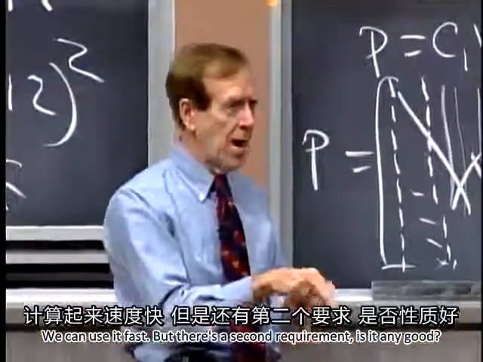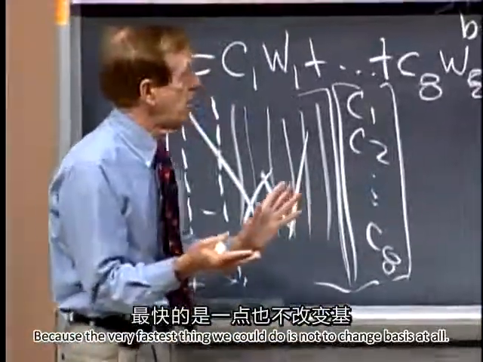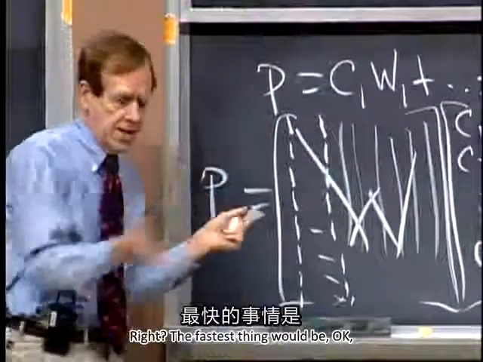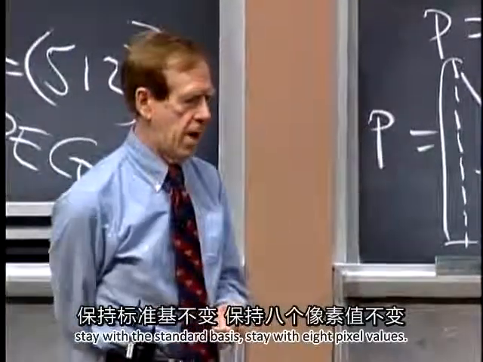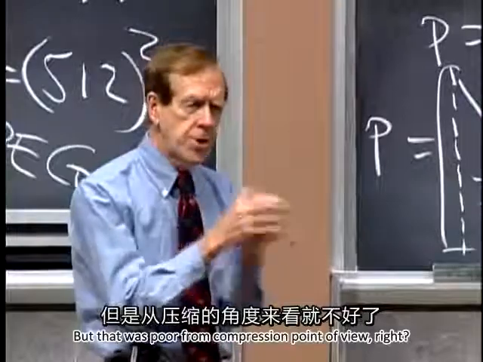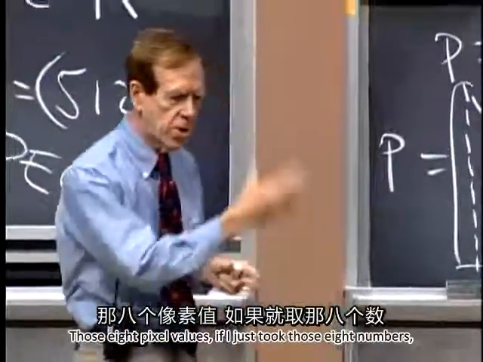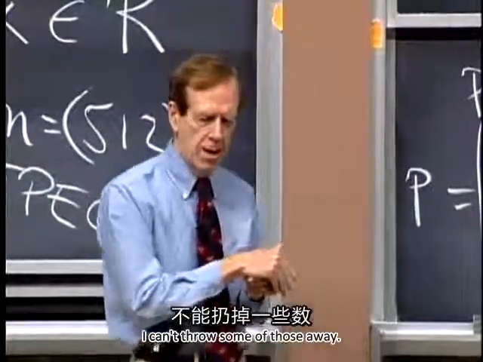But there's a second requirement. Is it any good? Because the very fastest thing we could do would be not to change basis at all. Right? The fastest thing would be, okay, stay with the standard basis, stay with 8 pixel values. But that was poor from a compression point of view, right? Those 8 pixel values, if I just took those 8 numbers, I can't throw some of those away.